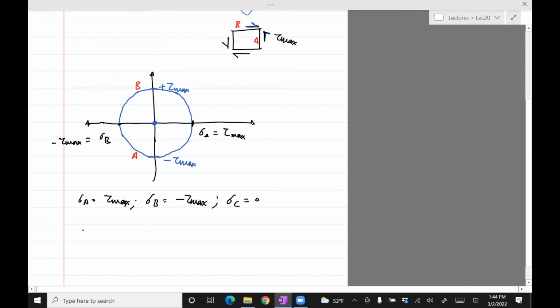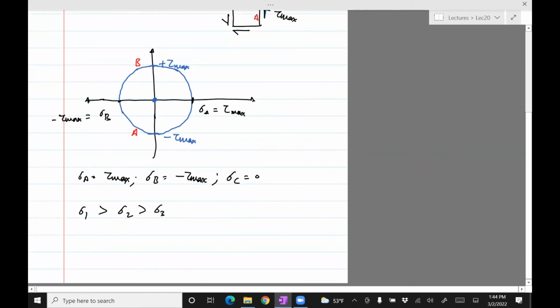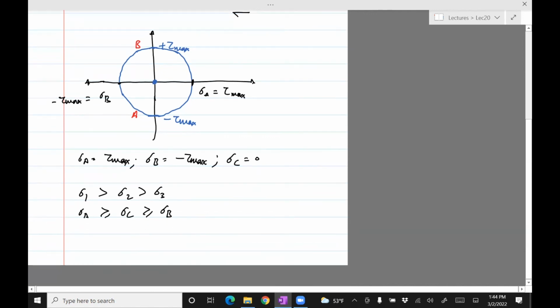So now sigma 1 should be greater than sigma 2, should be greater than sigma 3. We need to arrange them in descending order. So sigma 1 is clearly sigma A. Sigma 2 is sigma C. And sigma 3 is sigma B. Which means that sigma 1 is tau max.